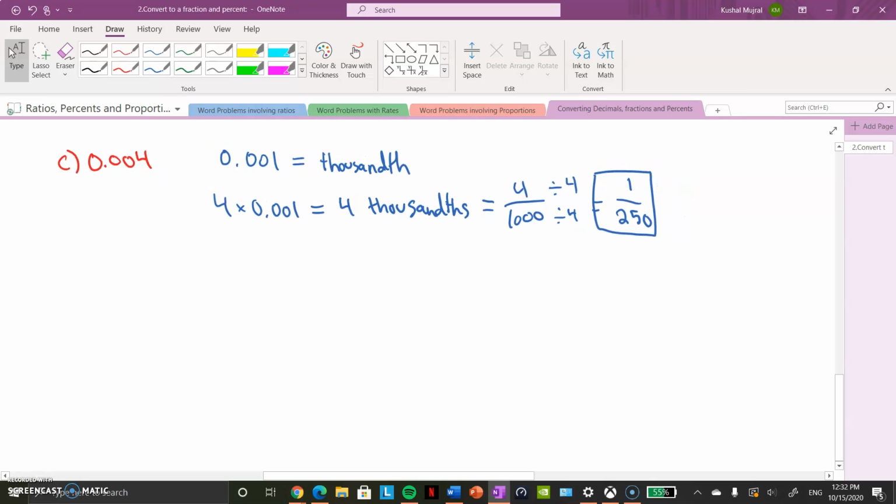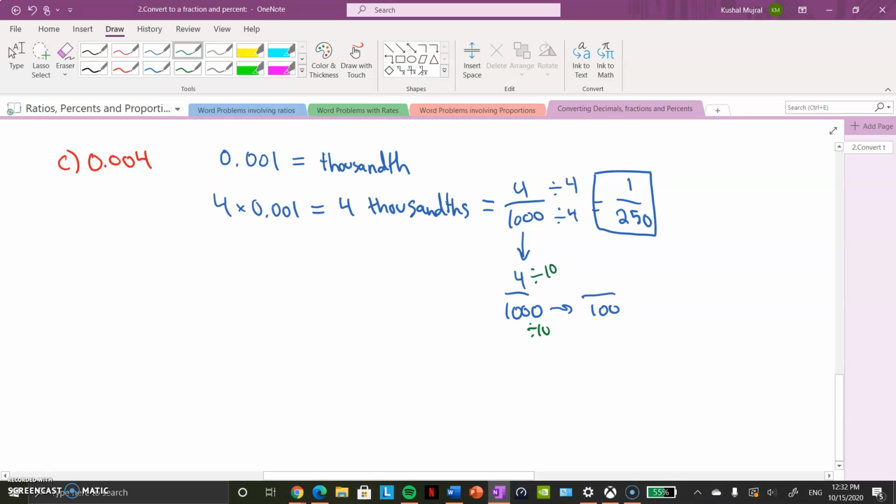That's your fraction. Okay, you could do this reducing by yourself. And the next thing is we want it to be in a percent. So, let's take a look at this. 4 over 1,000, we want the denominator to be over 100. So, what we did here is we divided this by 10, and what you do on the bottom you also have to do on the top.